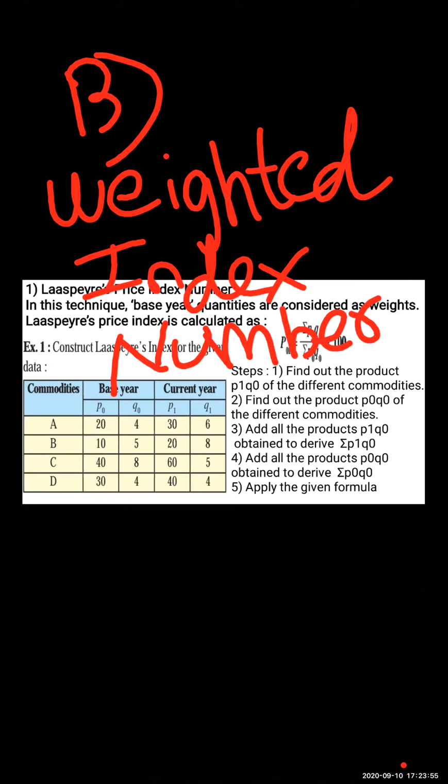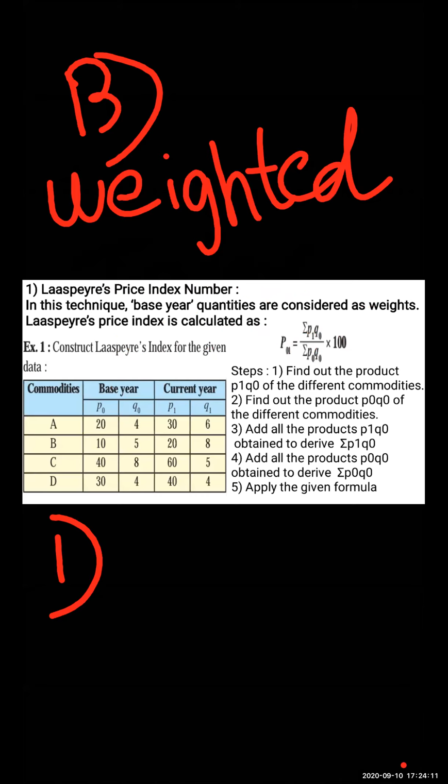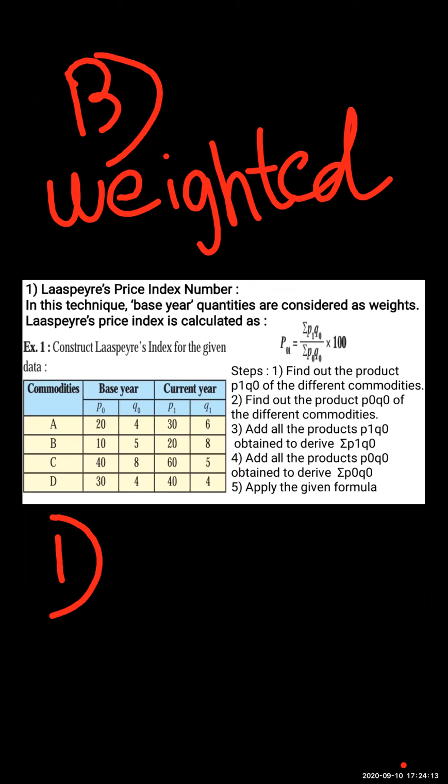After writing, please write vi. Then under it, write down 1, and put down the heading, Laspeyres's price index. Okay, done. Then write down the table.